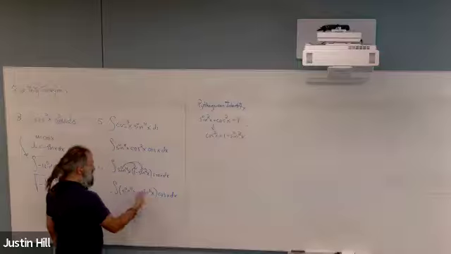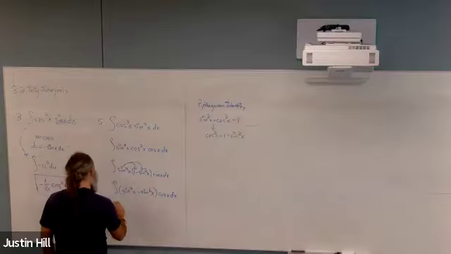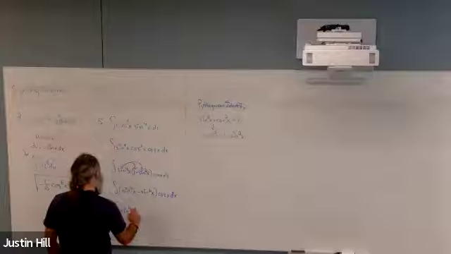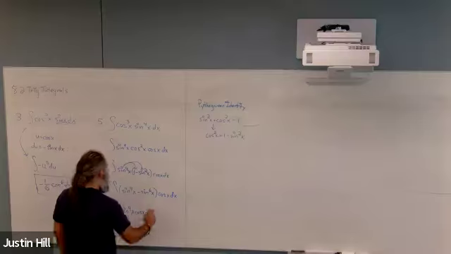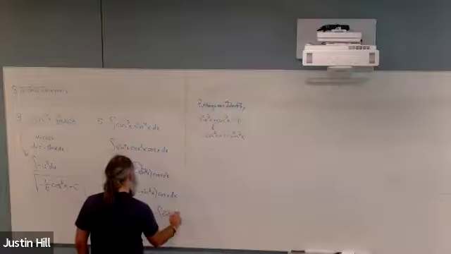And now I have basically two separate integrals to run. So I can run this as the integral of sine to the fourth x cosine x dx minus the integral of sine to the sixth x cosine x dx.